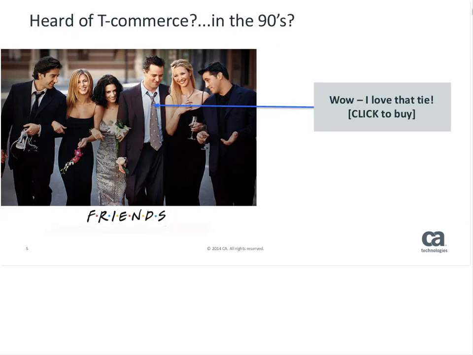We're going to even preempt e-commerce here, right? So T-commerce, it's television commerce, and it's not even new, right? Actually, some of the earliest patents and earliest products developed in the retail space, amazingly, in the early to mid-90s, were assuming that the internet would be connected to the television, and you'd be watching something like Friends, and you say, oh, I love that sweater Rachel's wearing, or that tie that Ross is wearing, and you can just click to buy right from the show.